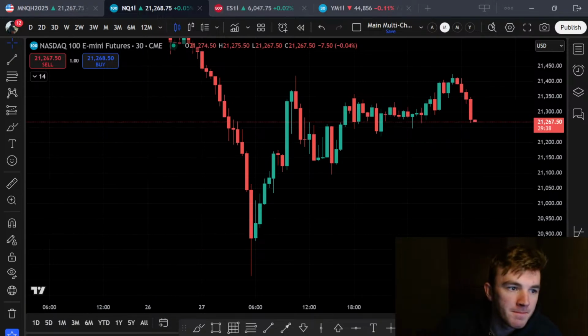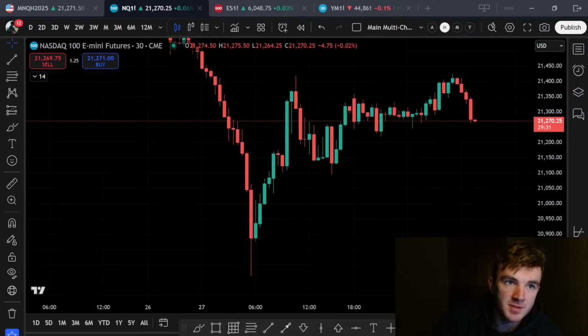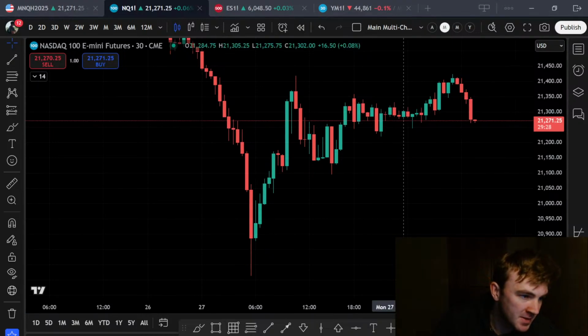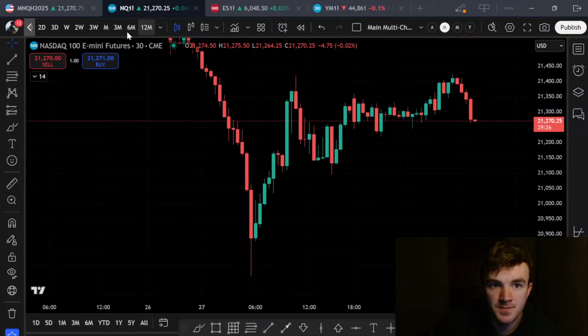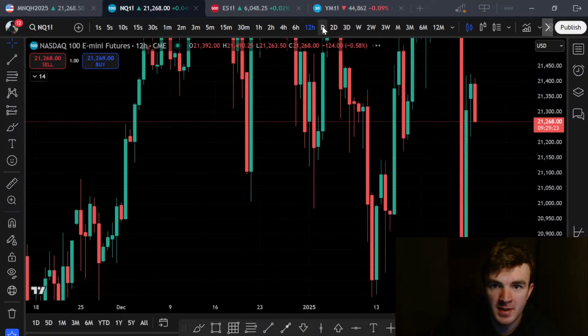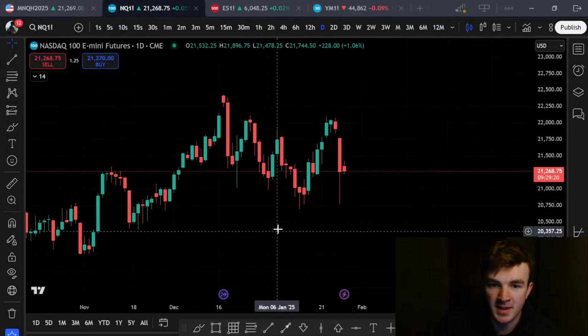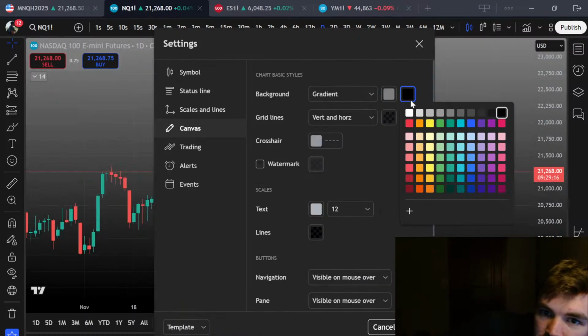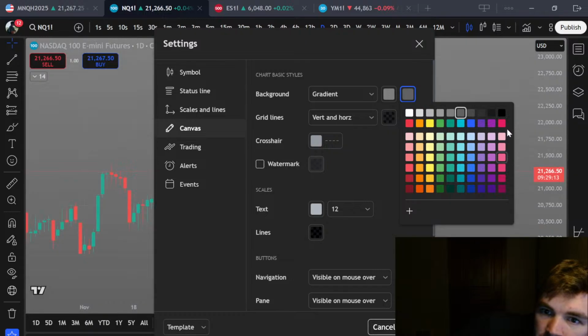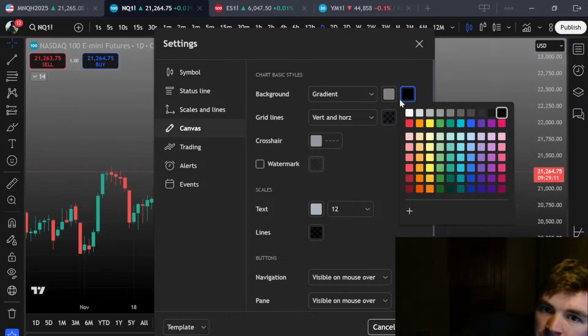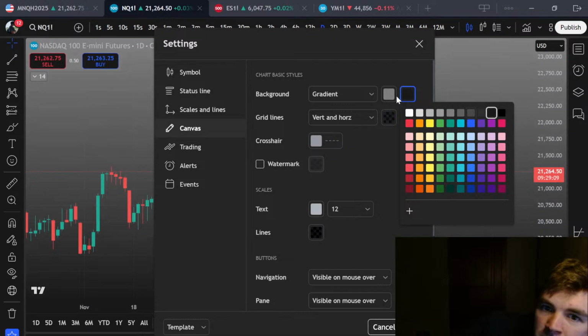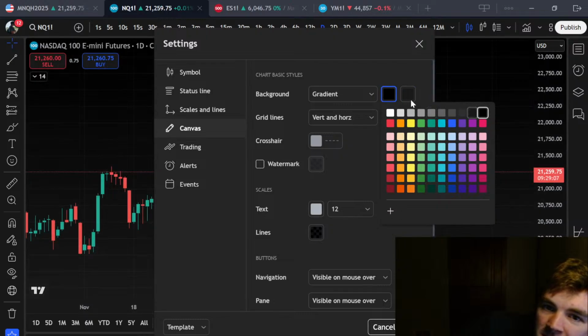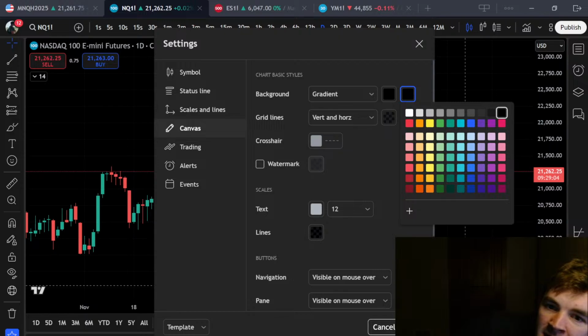So, yeah, let's start analyzing. So, not sure what to do about the colors, but once again, we'll figure it out later. It's not that big a deal. So, let's start out with higher time frame analysis. Man, I don't know if I like it. There's not really any other options besides gray or black.